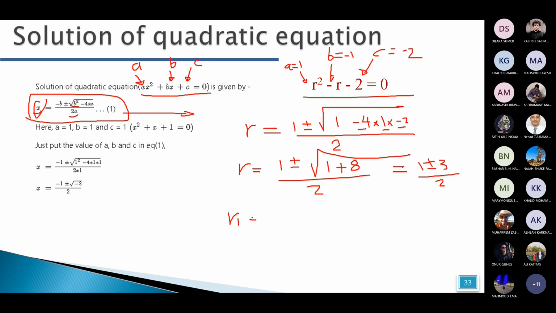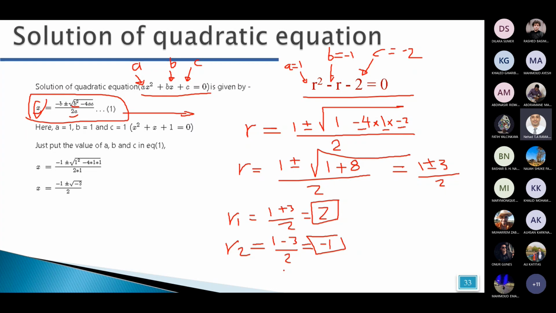R1, when we have plus, is 1 plus 3 divided by 2, which is 2. R2, when we have minus, is 1 minus 3 divided by 2. 1 minus 3 is minus 2, divided by 2 is minus 1.